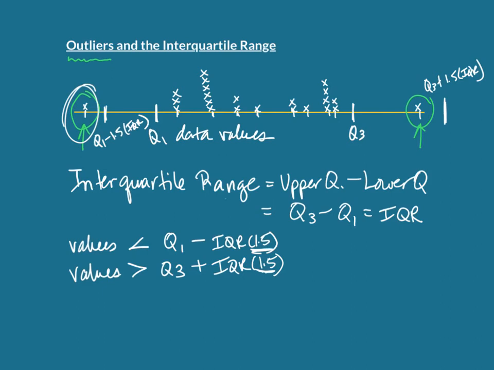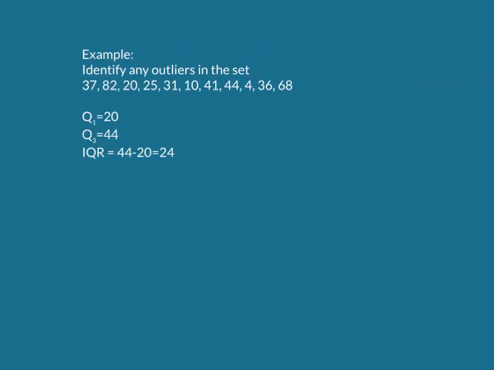So let's take a look at an example. Okay, so we have a data set: 37, 82, 20, 25, 31, 10, 41, 44, 4, 36, and 68. Now, just in looking at this data set, even before I put it in order, I'm kind of suspicious of the 4 and the 82.